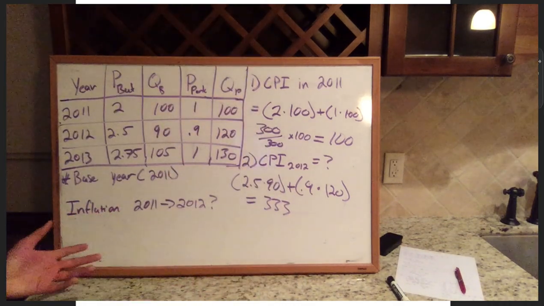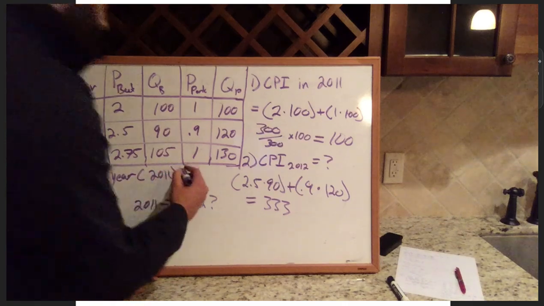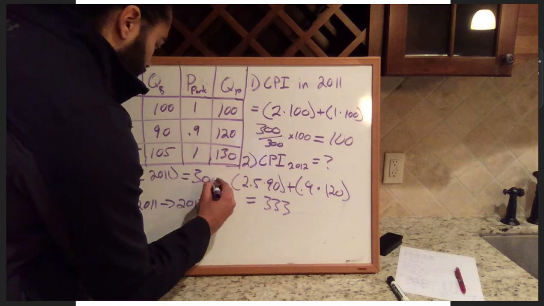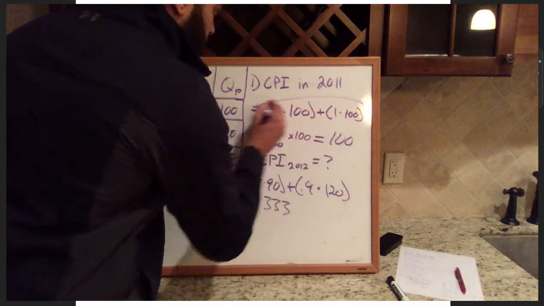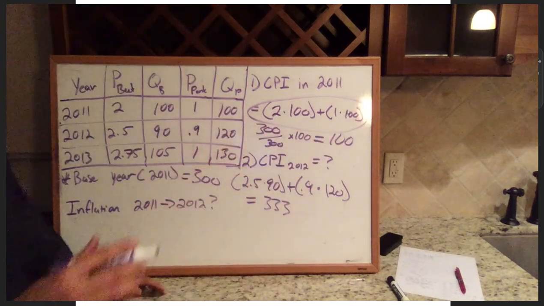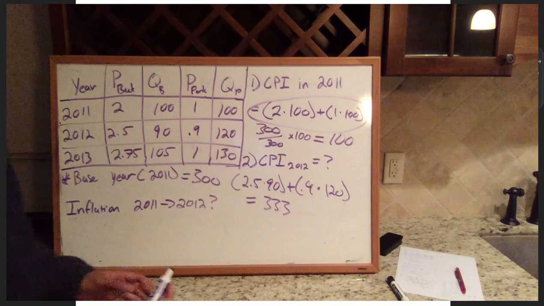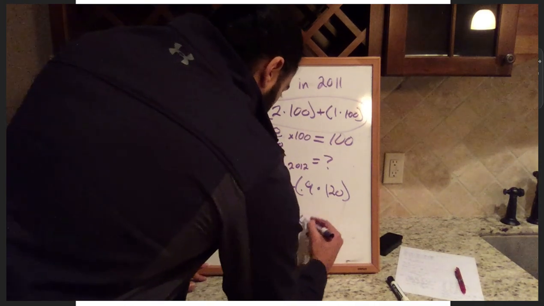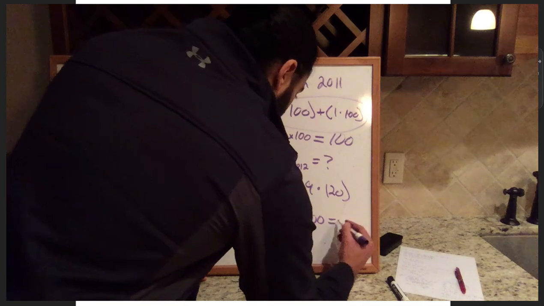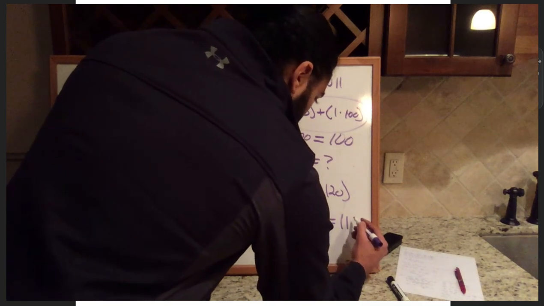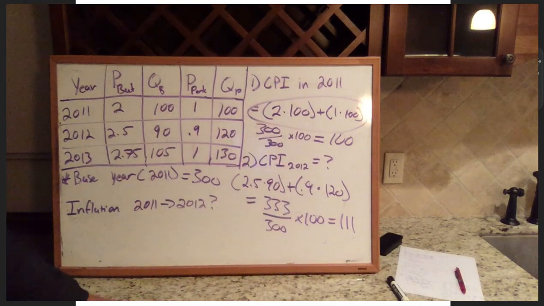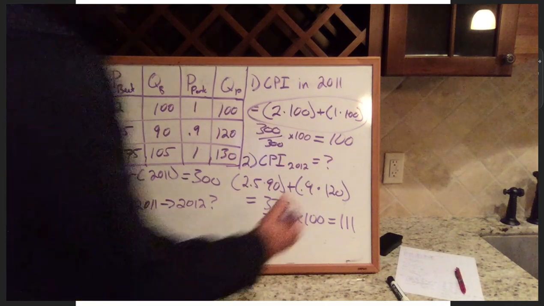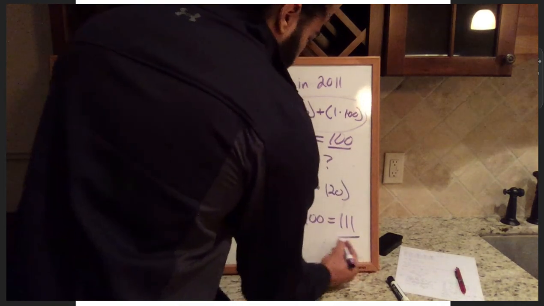Now, we know the cost of our base year is 300. Again, we calculated that earlier. That's this calculation right here. That's just the cost of the base year basket. So it's 333 divided by 300, multiplied by 100, and what you're going to get is 111. So now you know the CPI in 2011 and 2012.